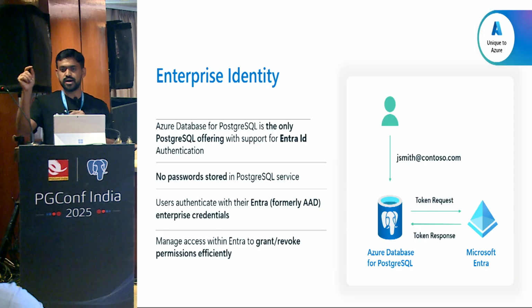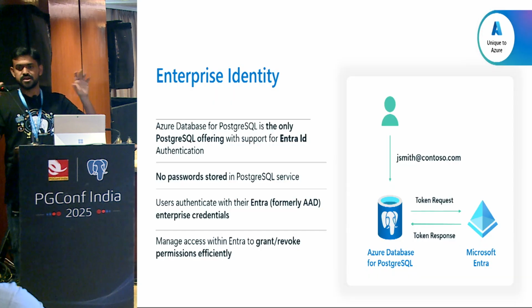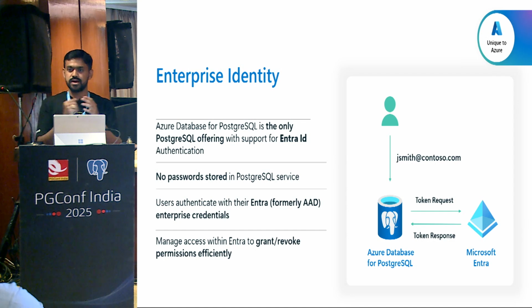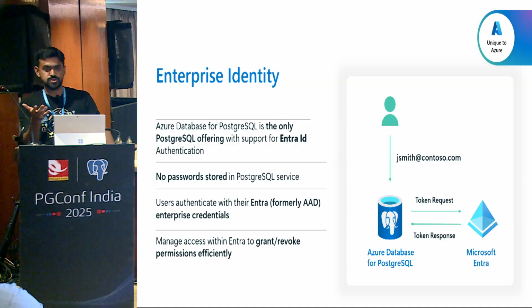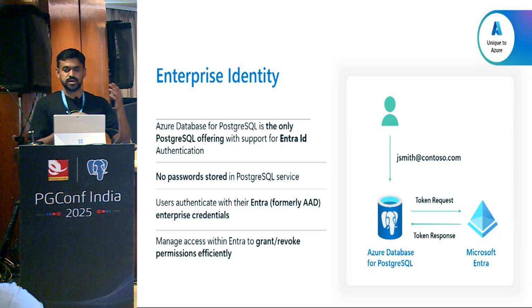We can give you an access token, and the time to live for the access token is defined at the tenant level, like how long my access token should be valid. You can use that access token to log into your PostgreSQL database as a role. Once you're logged in, you're just another role. You can create objects, own objects, grant permissions, revoke permissions, and whatnot.